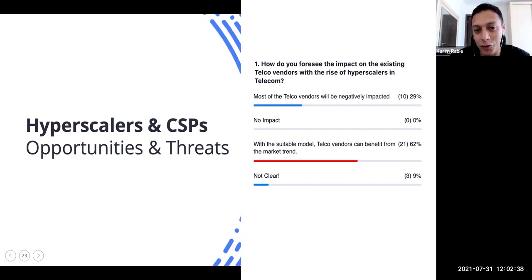That shows there will be an impact, either positive or negative. That depends on how the vendor adapts and how it builds these partnerships. Will the vendor be part of these engagement models, or will it stick to its own silo stack? It depends on the market direction.